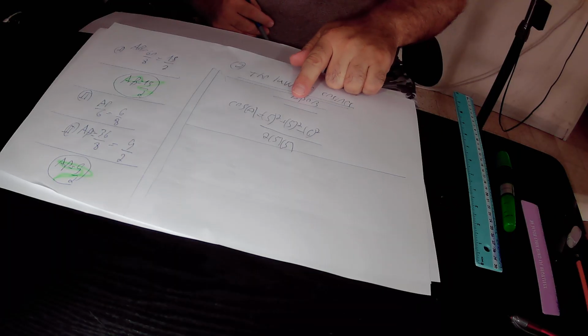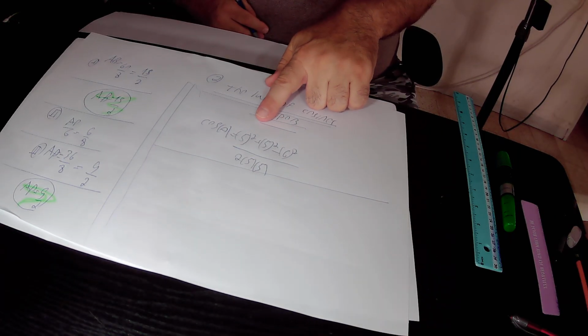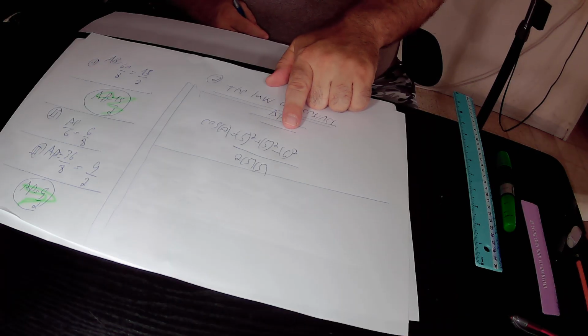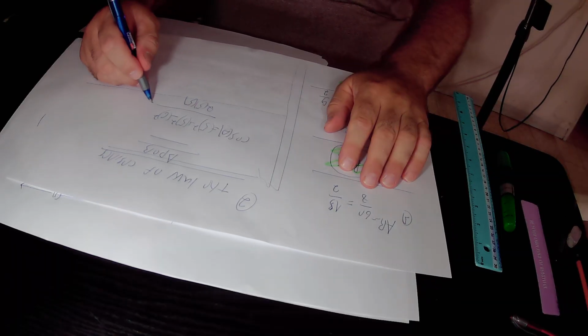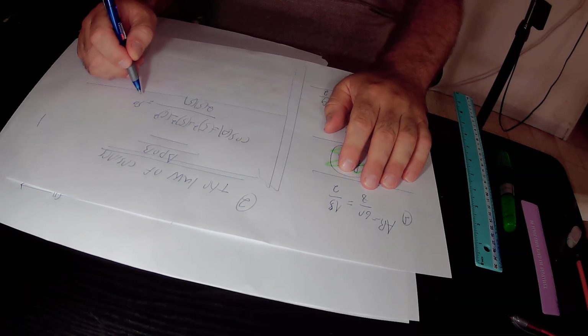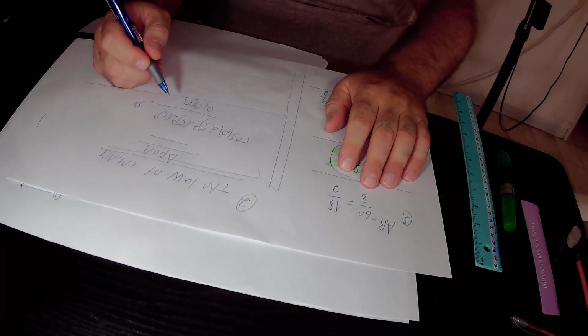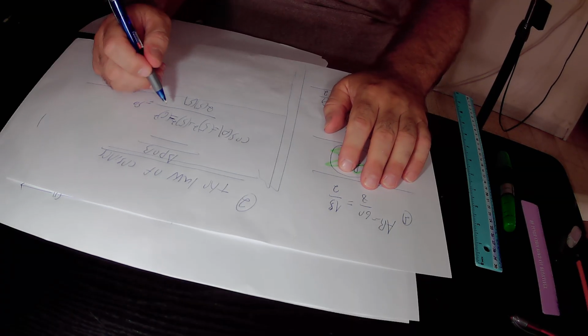So cosine theta equals 5 squared. 5 squared is 25 plus 5 squared, that is 25. 25 plus 25 is 50. Minus 6 squared. 6 squared is 36.